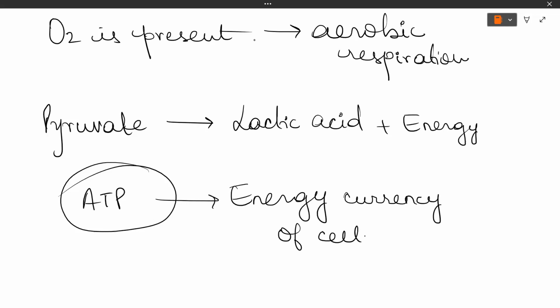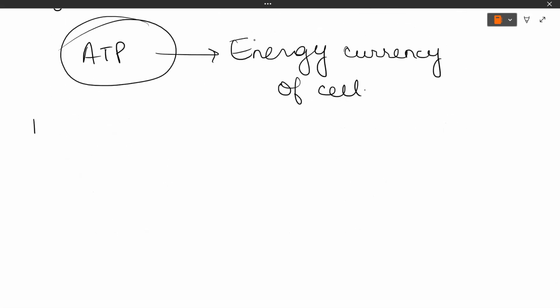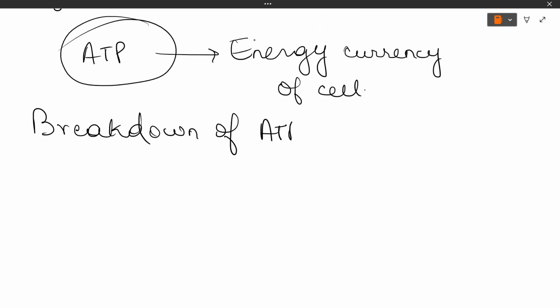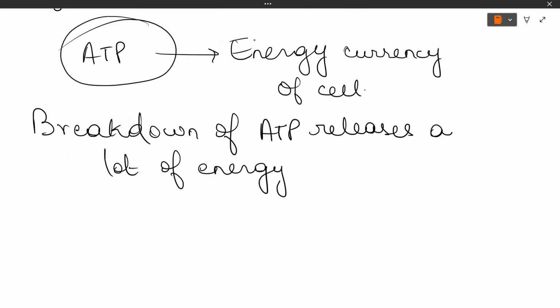You can write down that the breakdown of ATP releases a lot of energy. This is the reason why ATP is known as the energy currency of the cell. Is it clear?